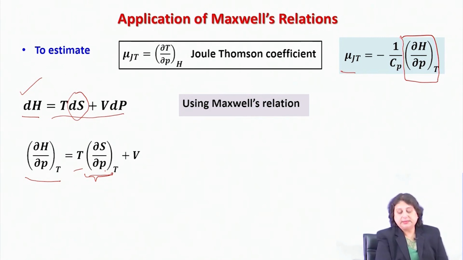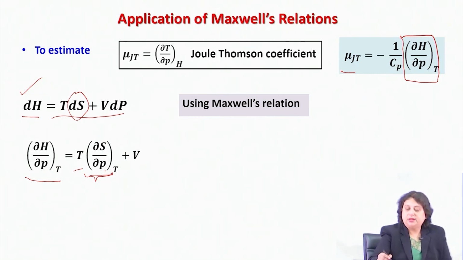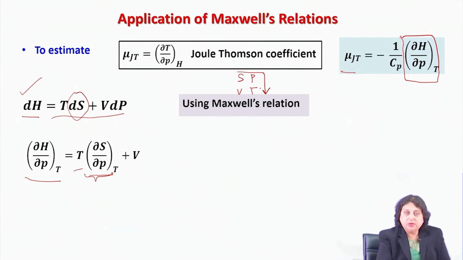So, let us once again write down the square: S, P, T, V. So, what do I need? I need (del S/del P) at constant T. What is it going to be equal to?